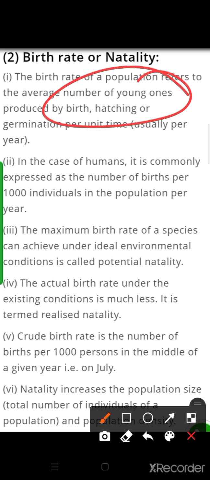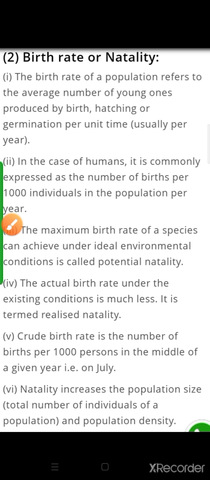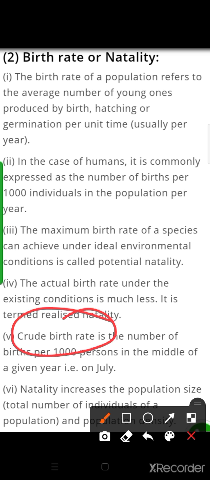Suppose you want to identify the natality rate in Uttarakhand. In humans you measure how many births take place per 1,000 people. If the counting is done in the month of July, it is known as the crude birth rate.